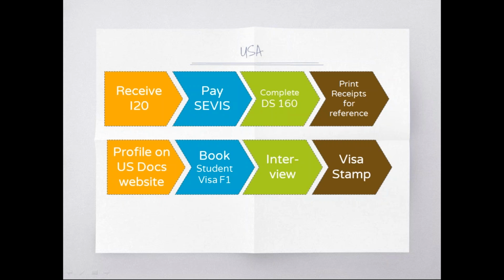The very first thing that you need to start with is, after a college, university, or an English language institution has accepted your admission to full-time study, the school will send you a document called an I-20 form, which is the application for the F1 visa. That is the first step.